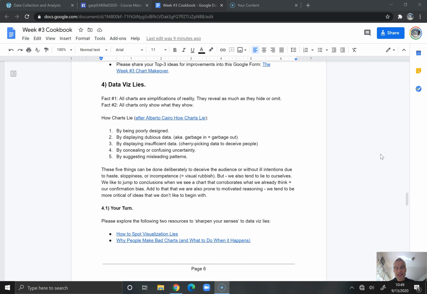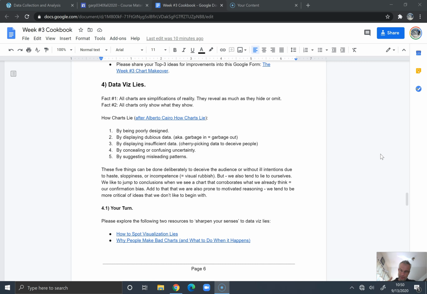Now, all of these things can be either done deliberately, in a way to deceive, or without any ill intentions, because you're sloppy, you're in a hurry, or you are just not competent. You're creating visual rubbish. So be aware of that. On the other hand, of course, Cairo also points out correctly that humans also tend to lie to ourselves, right?